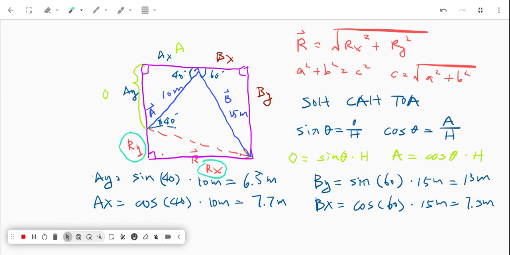So let's take a look at x. Since this is a rectangle, the upper side is the same as the lower side, right? So this side, Rx, the whole thing will be equivalent to what? The whole thing on top. How do we get the whole thing on top? We already have the AX and BX. What do you do? You add them up, right?